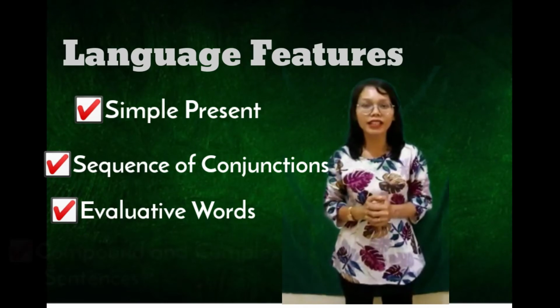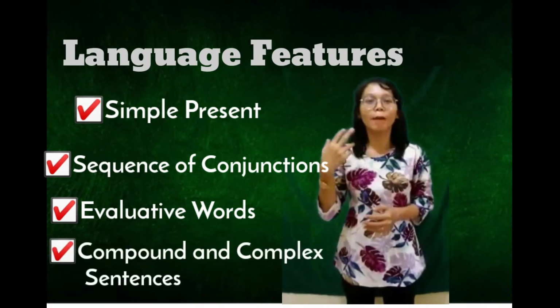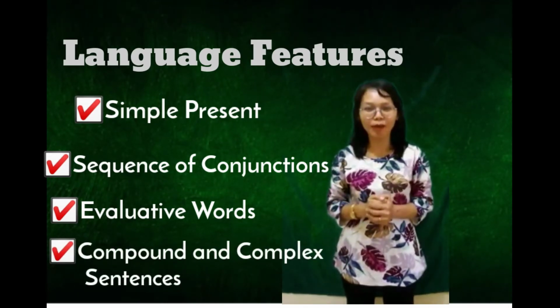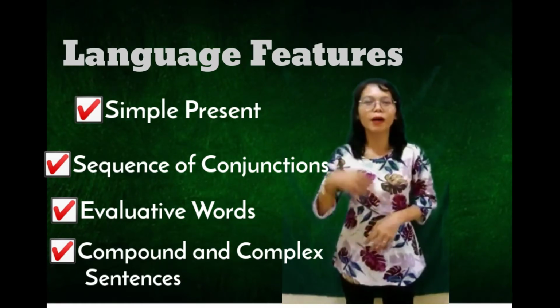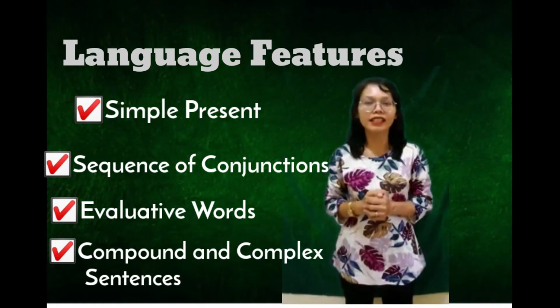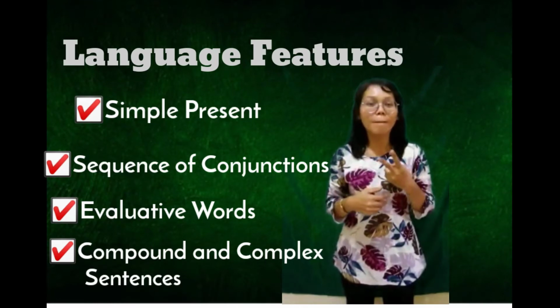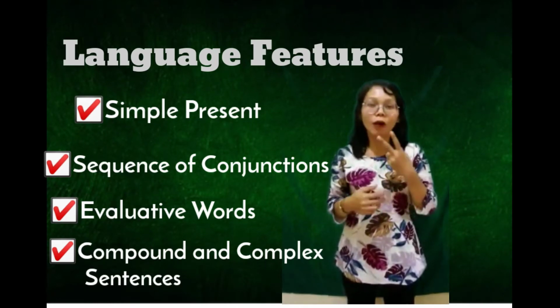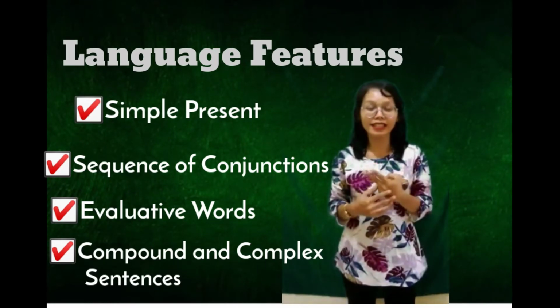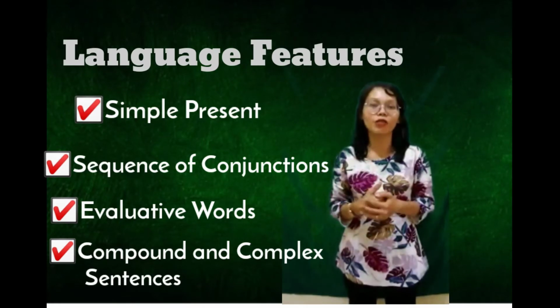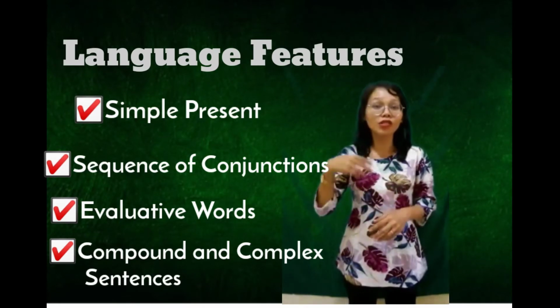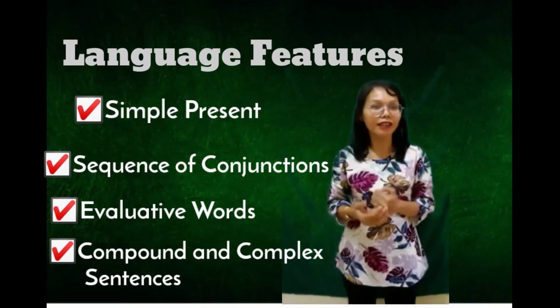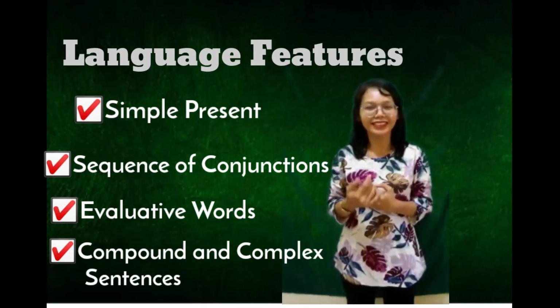And the fourth is using compound and complex sentences. Do you still remember about it? Compound and complex sentences have two main clauses, which also use conjunctions like but, and, or, something like that.